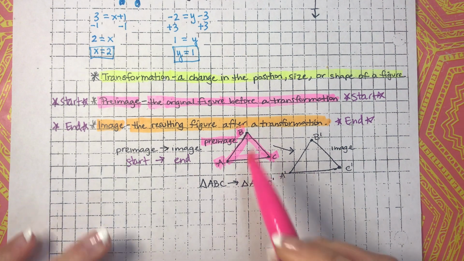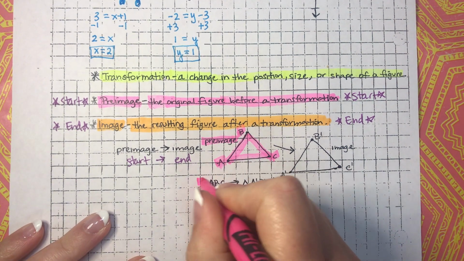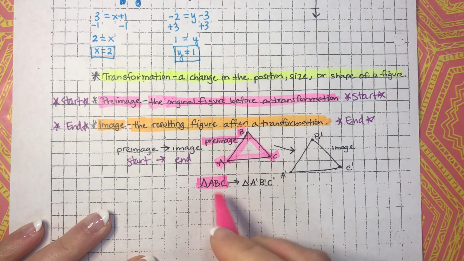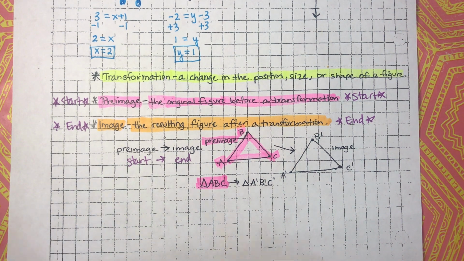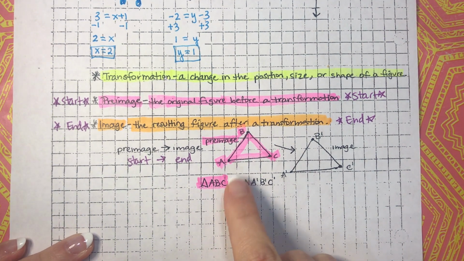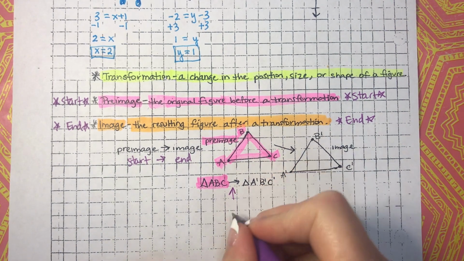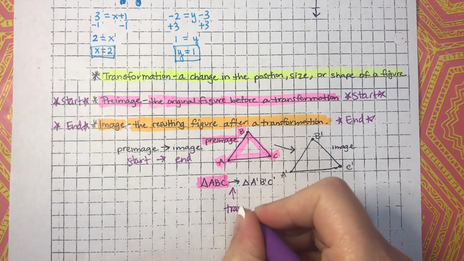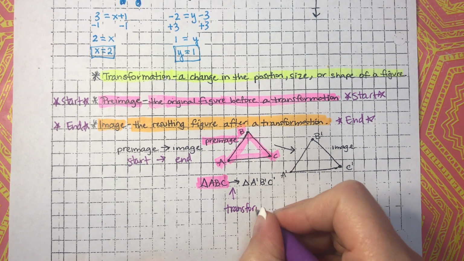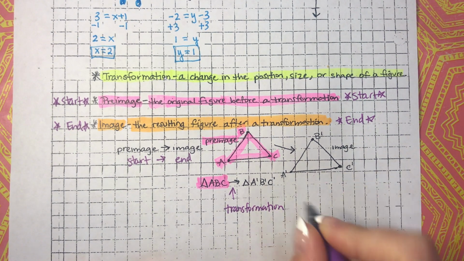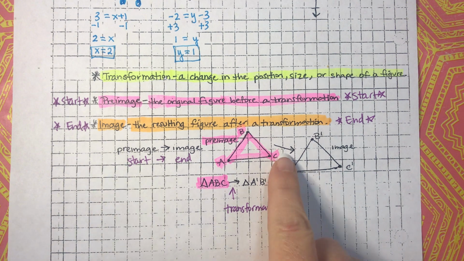That's where we start, and you write it as triangle ABC. This arrow indicates there's a transformation.